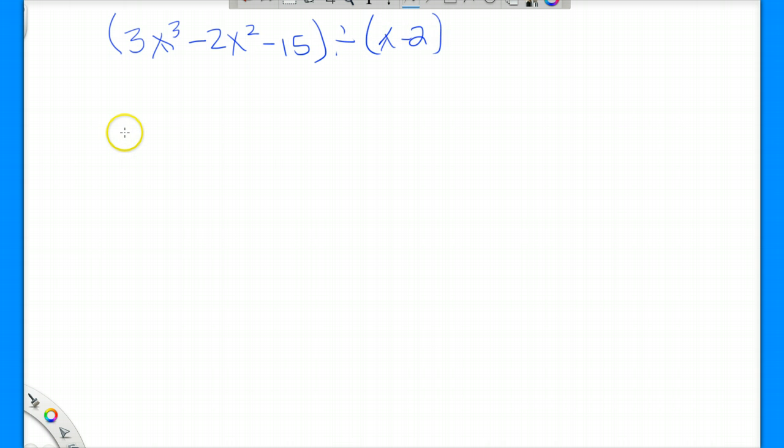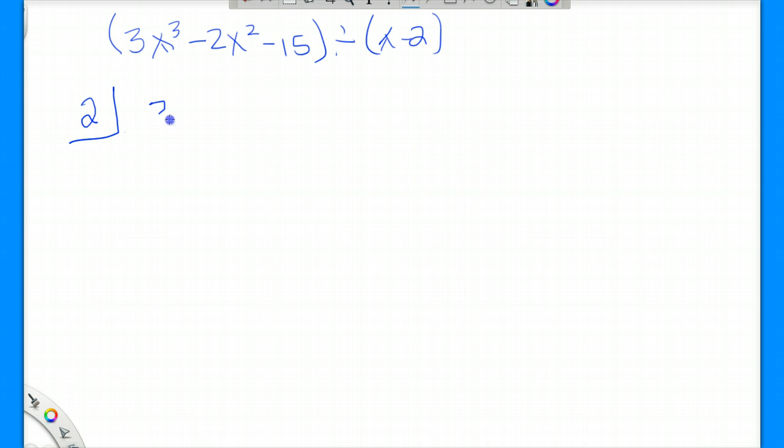Sorry, that's so messy. Okay, we start off by putting in a box over here what we're dividing by. And if we're dividing by x minus 2, we put a +2 in the box. Okay, then along here we put the polynomial that we're dividing into in descending powers of x. That's the important part here.